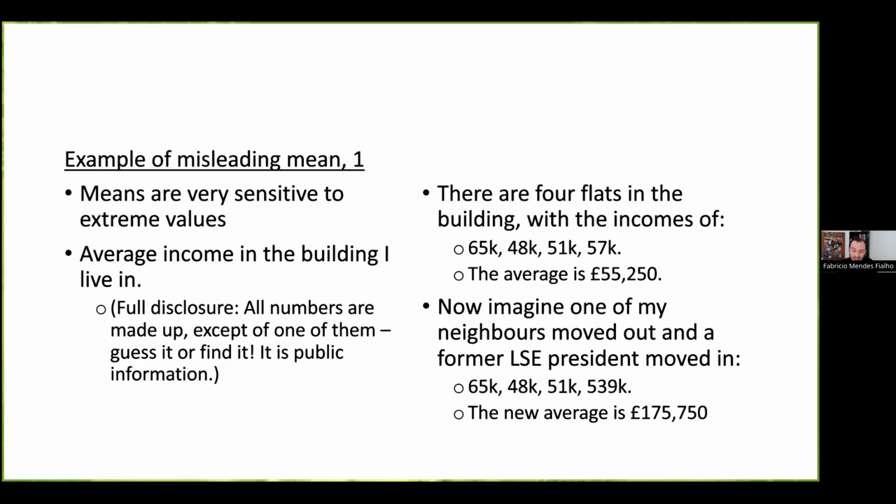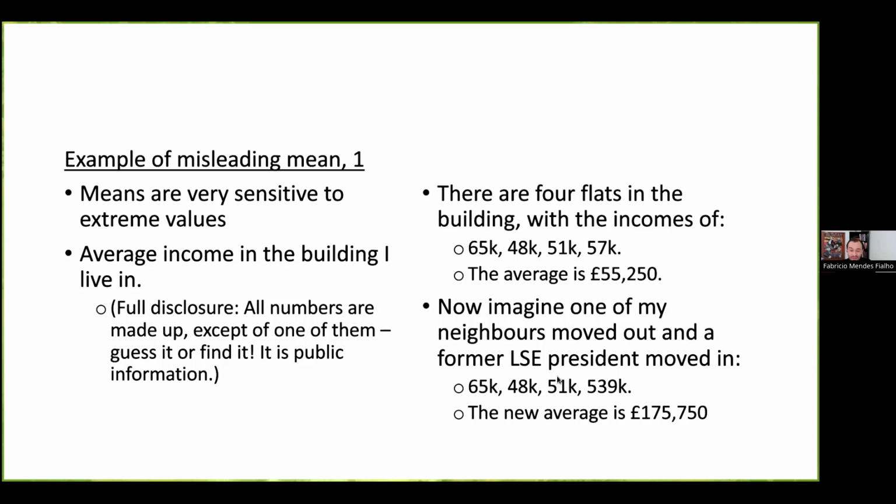Okay, but let's say that one of my neighbors moved out and this former LSE president moved in. So now we have a change in the 4 registered incomes here. One person living in this building is making 65k, the other is making 48k, the other is making 51k, and the fourth, my new neighbor, is making 539,000 pounds a year, right?